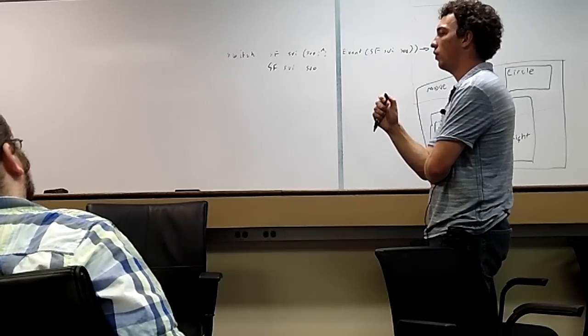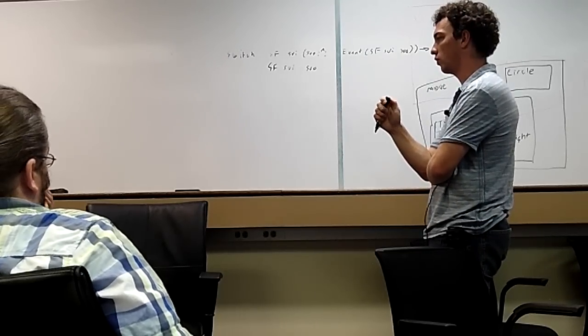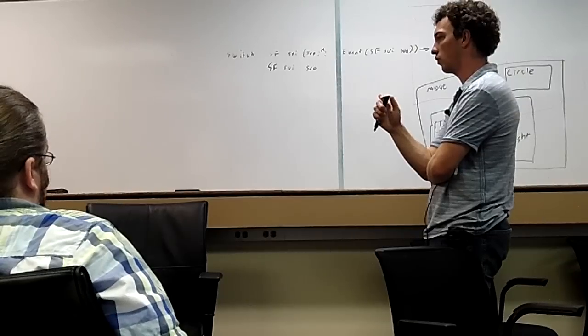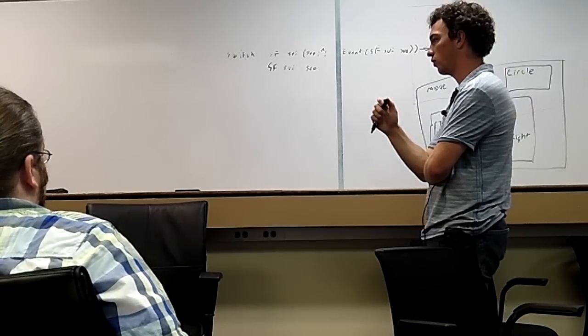Right. Okay. And that pattern of a thing that takes in one event or whatever and returns you a new event and a new handler for it or something. That's very much the kind of style.